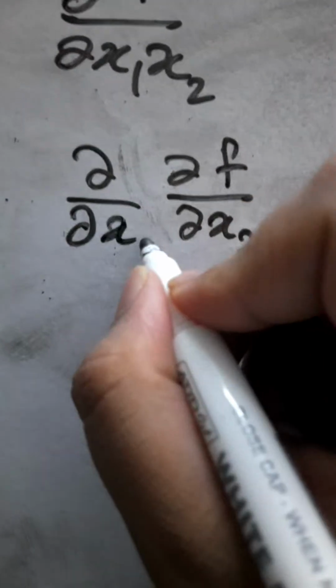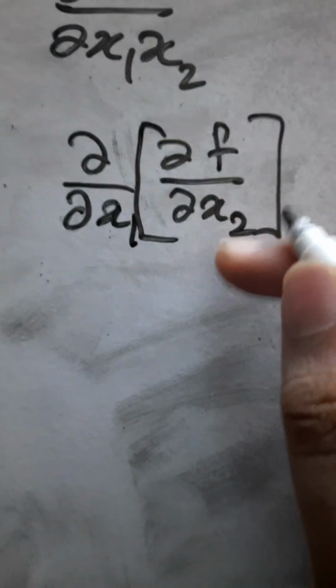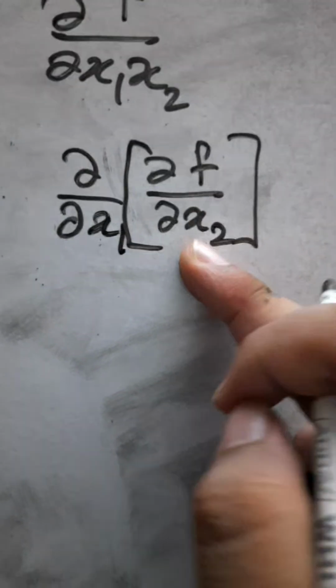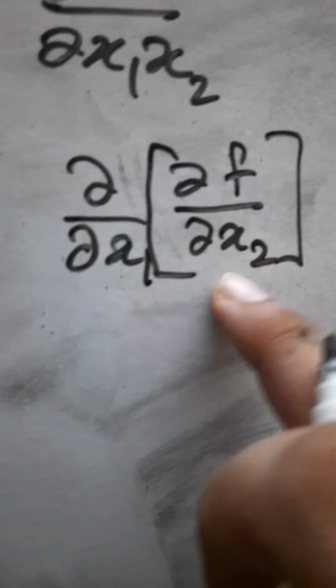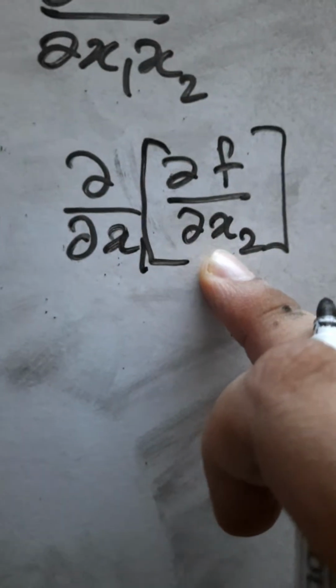Then we double differentiate it. We again differentiate it with respect to x1. So the x2 terms get differentiated, then whatever x1 term remains, that would go here to differentiate. So we're double differentiating. First we differentiate with respect to x2.